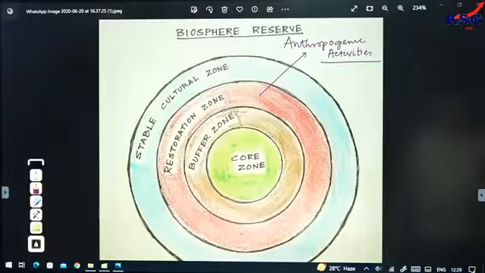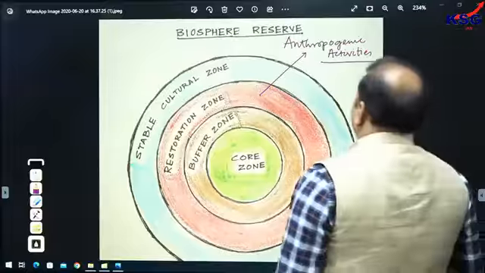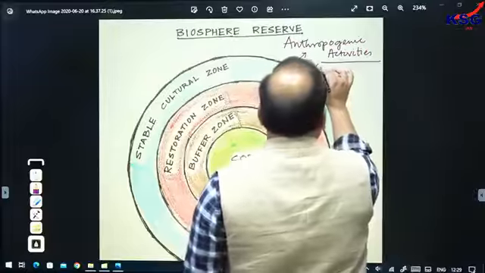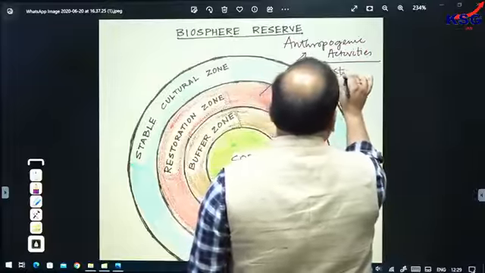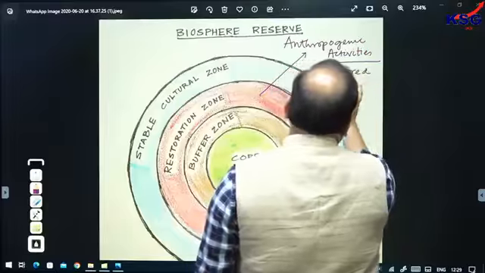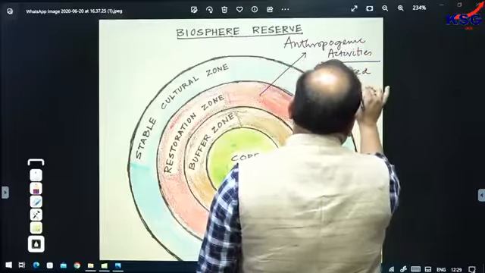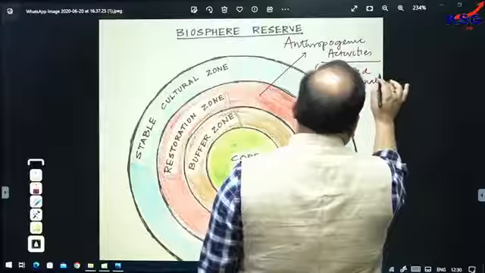As such, the area needs to be restored to its original form.